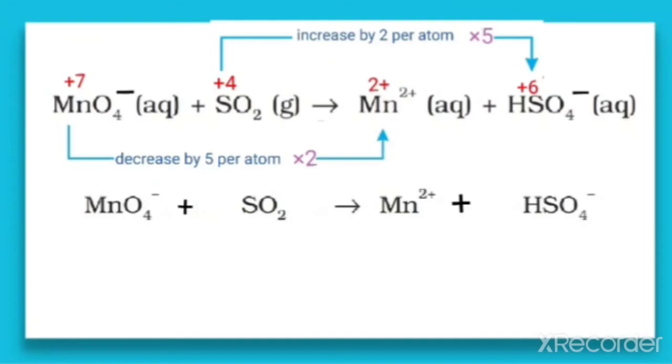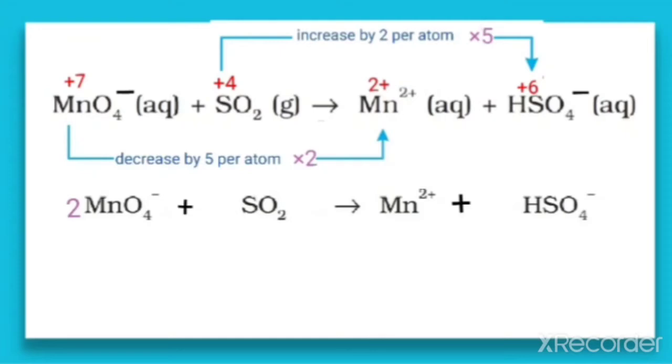For MnO4 negative, the oxidation number decreases by 5 per atom. Therefore, we have multiplied with 2. Therefore, that 2 should be written as the stoichiometric coefficient for MnO4 negative. Similarly, for SO2, there is an increase by 2 per atom.